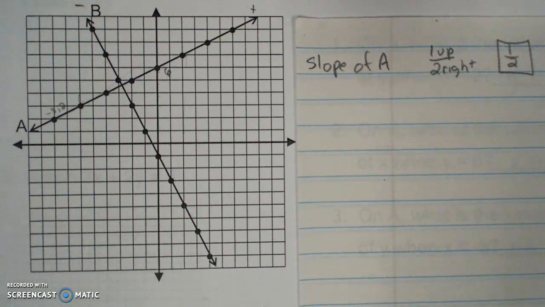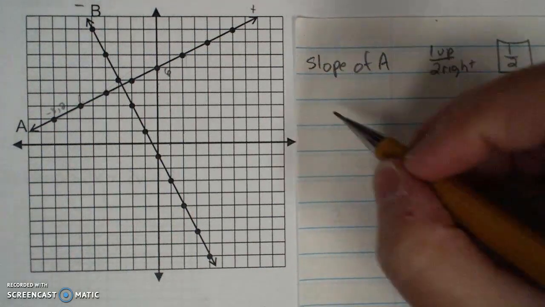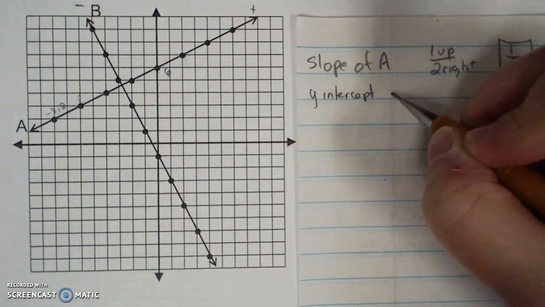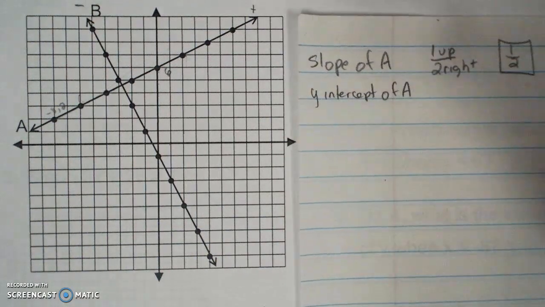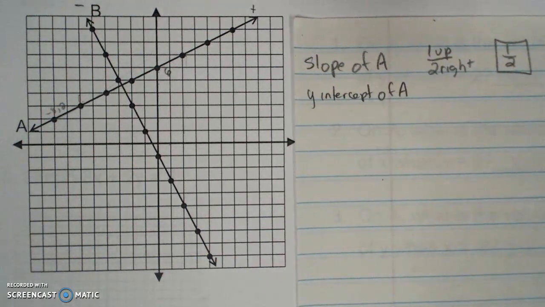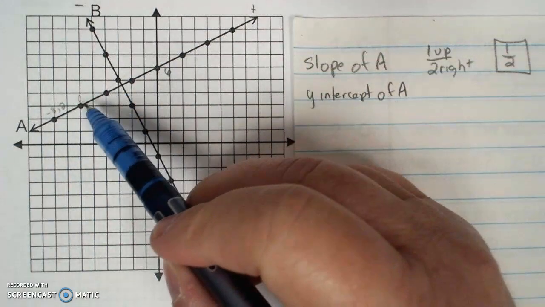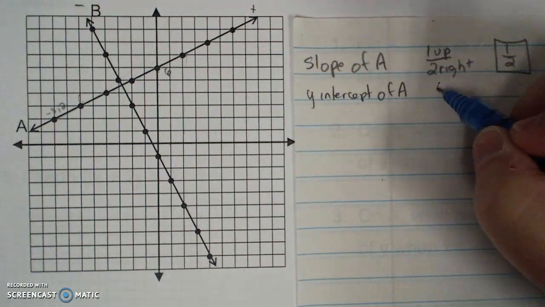What is the y-intercept of line A? The y-intercept of line A is, remember, where A crosses the y-axis, and that was at 0, 6.